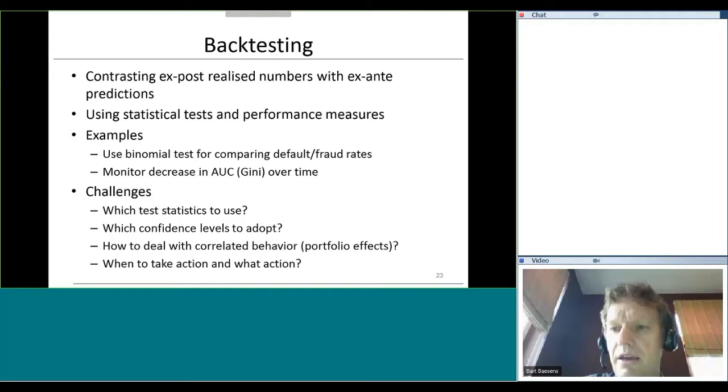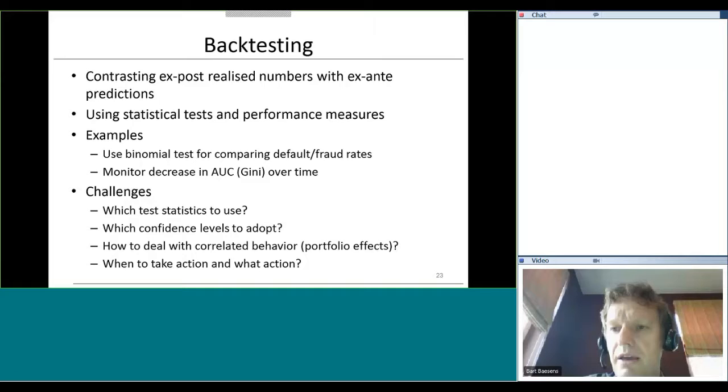Backtesting, as already mentioned, contrasts ex post realized PDs with ex ante estimated PDs. There's basically a plethora of statistical tests that you can use for this purpose, like the binomial test, the Hosmer-Lemeshow test, the Vasicek one-factor test. We don't have time to discuss it in this course, but each of these tests has its own pros and cons.